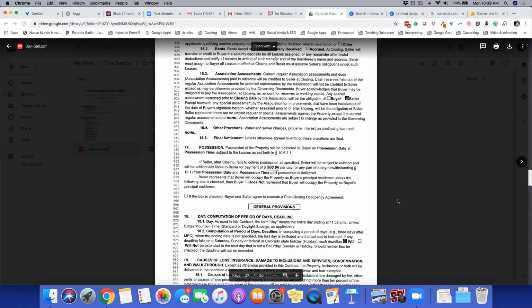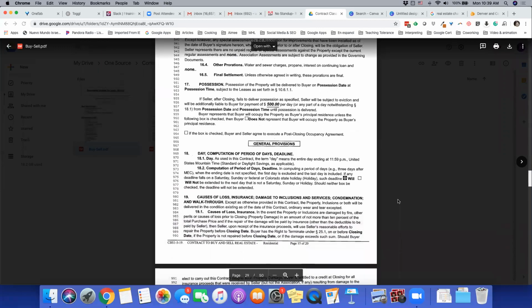And most buyers are going to occupy their property. If there's a rental, you check the box that does not represent the buyer will occupy the property. The one at the bottom is if the box is checked, the buyer will agree to execute a post-closing occupancy agreement. I would check that box.